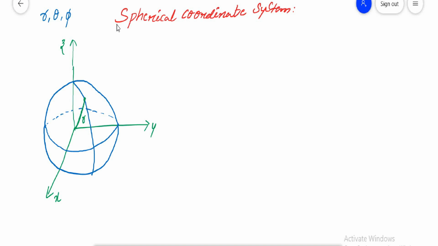This is making an angle with the z axis, that is your theta. So in the spherical coordinate system, r is the radius and theta is the angle made by this radius vector with z. Here there is no relation to x and y.